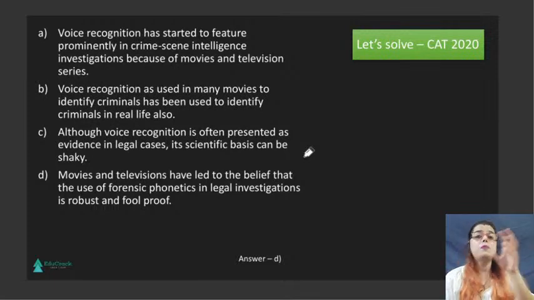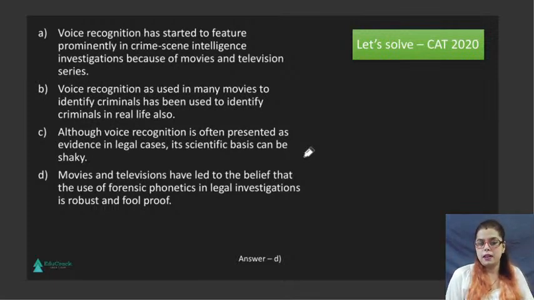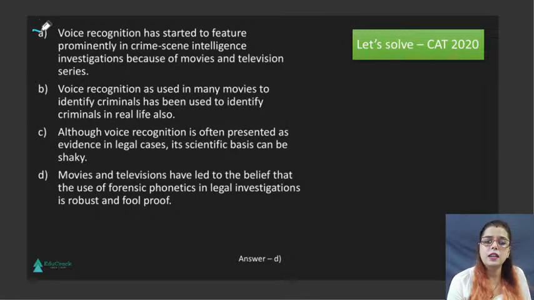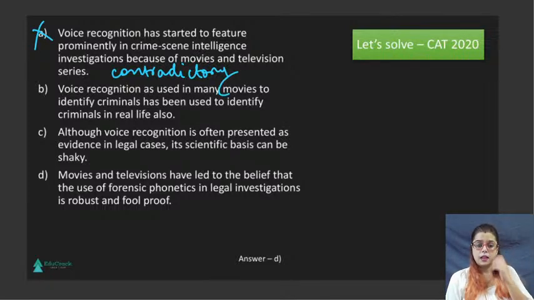It was incorporated in movies in a very unrealistic manner. But according to option A, it started in the movies first, and looking at that, voice recognition now features in crime scene intelligence investigations. So this is completely contradictory to the information mentioned in the first few lines of the passage, right? Contradictory, so we are going to eliminate it right away.